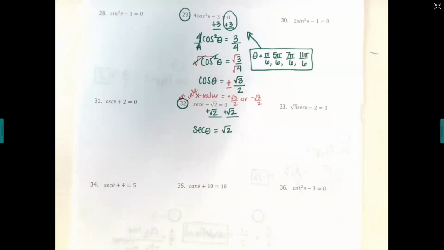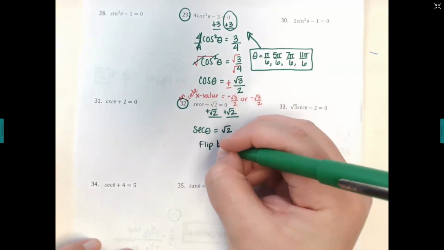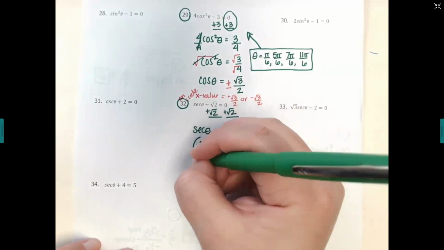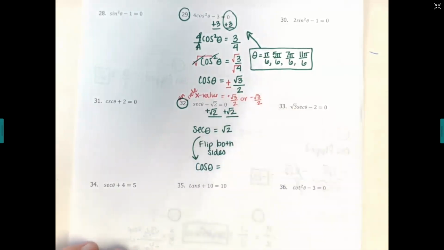From here, secant is not one of your original sine or cosine functions, but it can be flipped back into one of the originals. What does secant flip back into? Cosine, but if you want to flip this side, remember you have to flip both sides. So secant will return back to cosine.